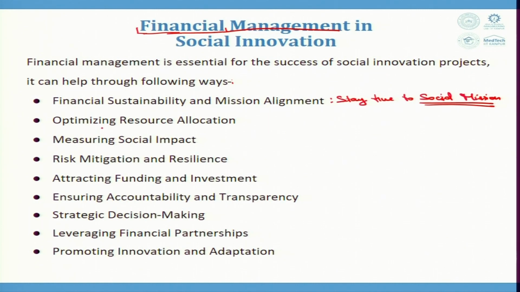Then the second point is optimizing resource allocation. That means we maximize the impact of resources on high priority initiatives. Then we measure the social impact.